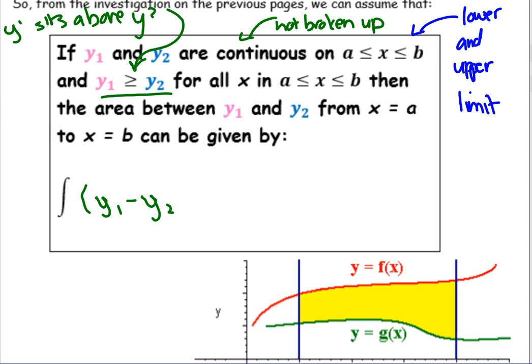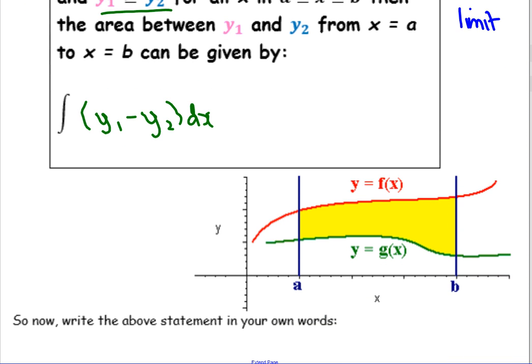And you've got to have your a and b on your limits, I forgot to put those in my notes. Y2 subtract Y1, because Y2 is usually bigger than Y1. Is this a formula that we need to memorize?